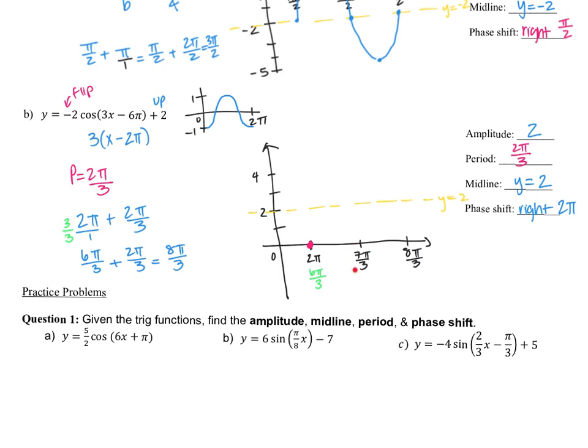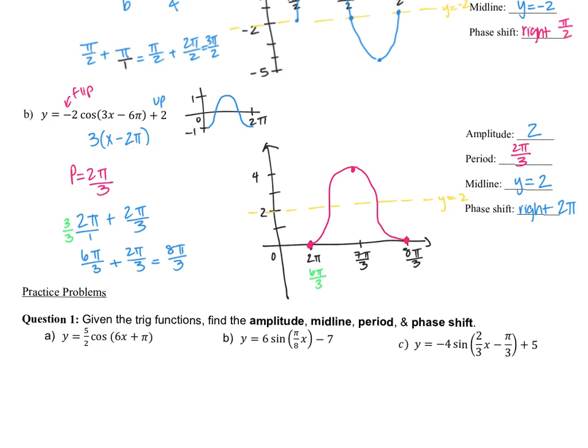And at the middle here is going to be the highest point. So for cosine, the highest point here is going to be positive 4. And then back down to 0 when we end the cycle. So to draw our bell-shaped curve, this is going to go up, then back down.